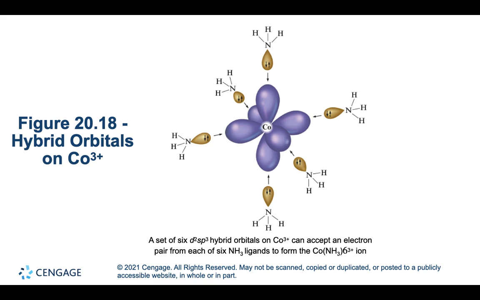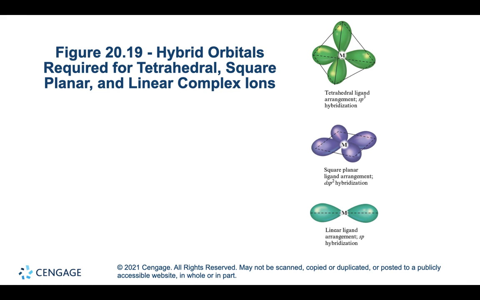So here we would see cobalt with a geometry of octahedral would be d2sp3 in order to get the octahedral orbitals, and then the nitrogen would use its sp3 orbital to form the coordinate covalent bond. For the tetrahedral, we would have sp3. The arrangement we would need for the square planar would be dsp2, and then for linear we would just have sp.